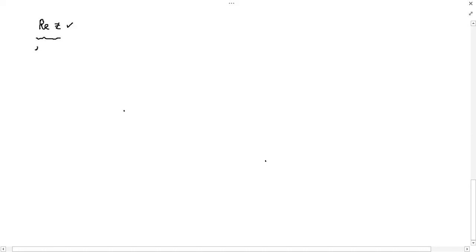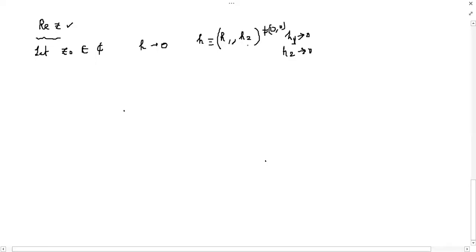So let us consider Z naught to be a point in C, and let H tend to 0, and let me write H as H1 plus iota H2, both converging towards 0. Both are quite small, and certainly H is not exactly 0 comma 0, but both are converging to 0.